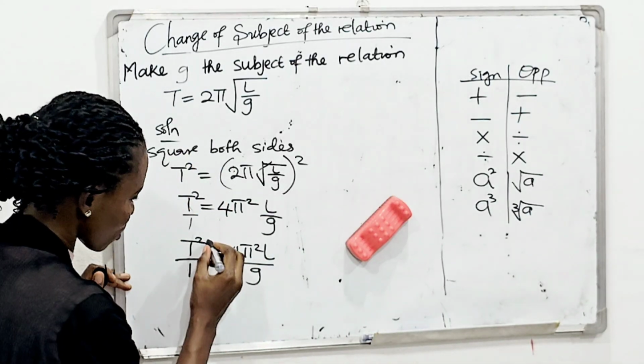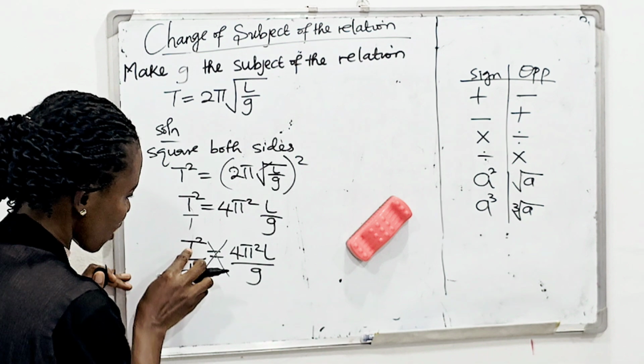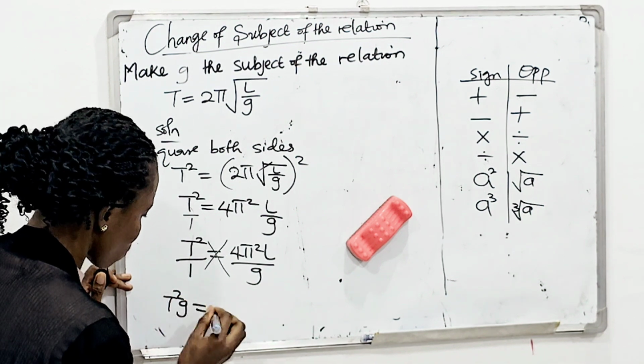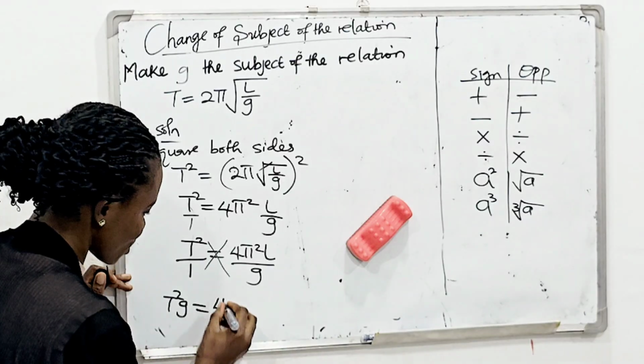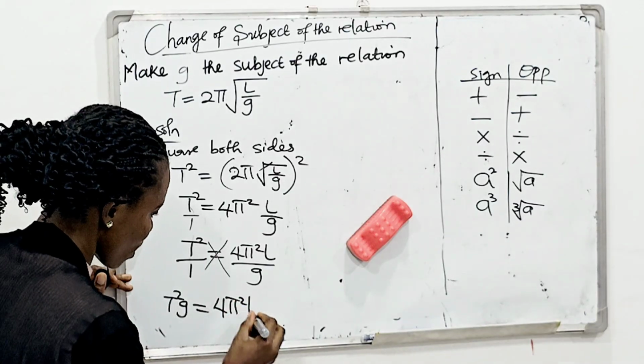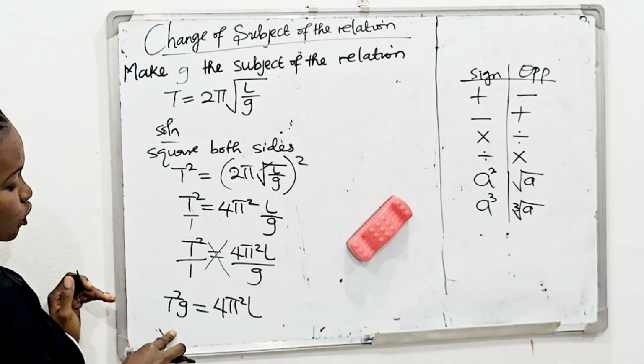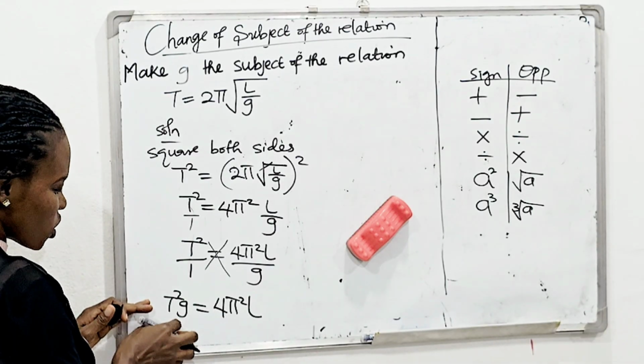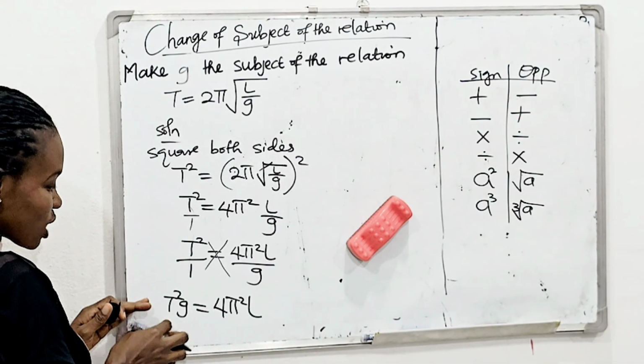Alright, so if I cross multiply, I'm going to have t squared times g, which is t squared g, equal to 1 times this, which gives me the same thing, 4 pi squared L. Remember, our target is for g to stand alone. So we divide both sides by what g is staying with. And what is g staying with? t squared.